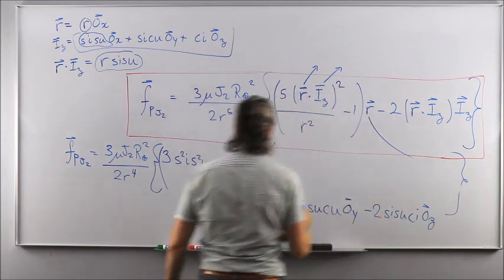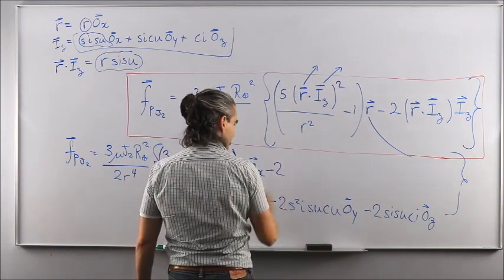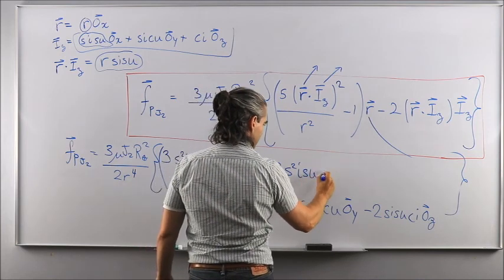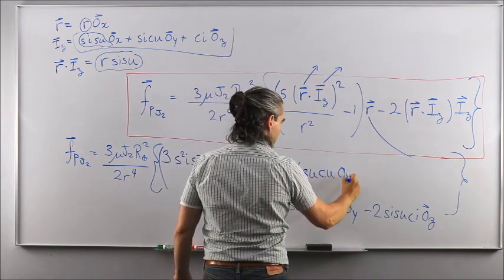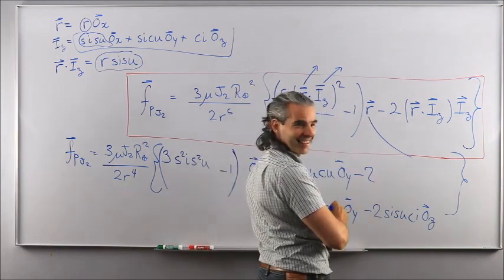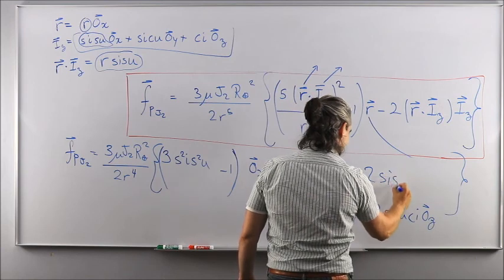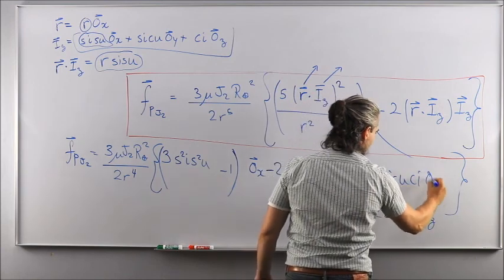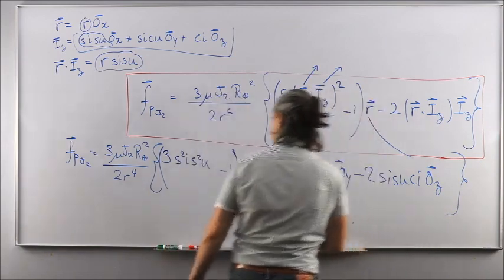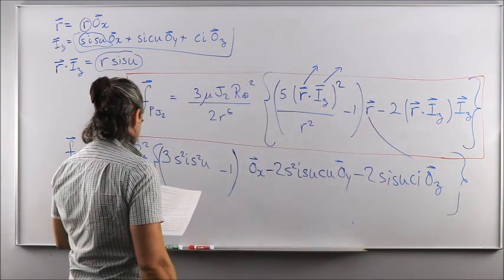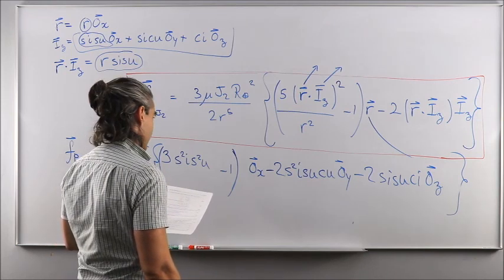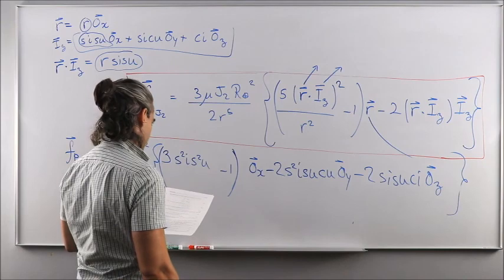I know it goes a lot faster when you have the magic of the board available to you, which you don't, but that's okay with me. Two sine I sine U cos I OZ, like that.